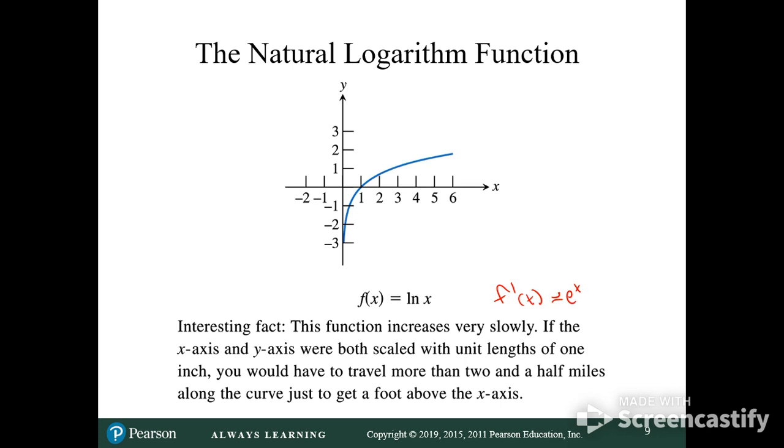With inverse functions, the other one went like this, and this one goes like this. Inverse functions are reflected around the line y equals x. The natural logarithm function looks like that, so it never has a negative x, because you can't take the logarithm of a negative number.